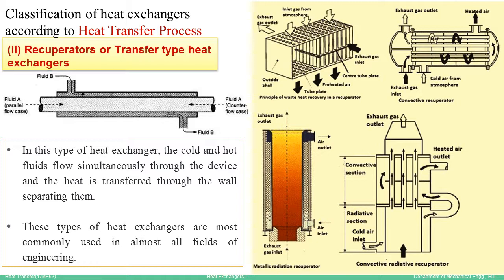The first one is different from the second one, which is a convective evaporator, and then a metallic radiation recuperator and a convective radiator. Depending on the mode of heat transfer, these are all classified, but the basic idea is to recover or recuperate the heat from one of the fluids. So there will be a transfer of heat, so it is also called a transfer type heat exchanger.